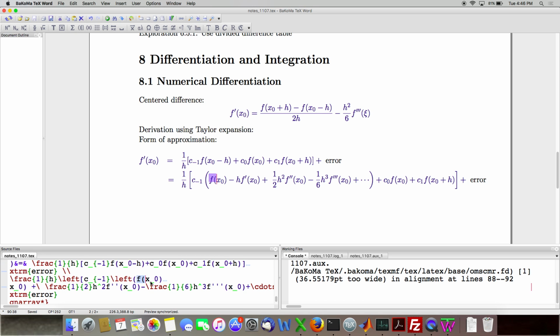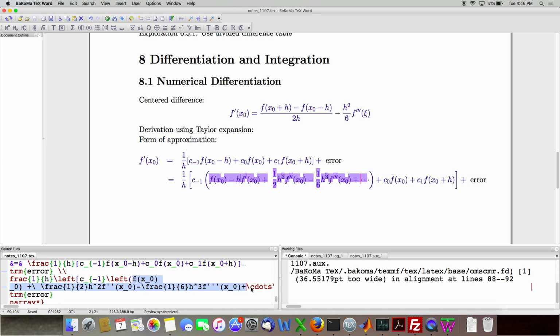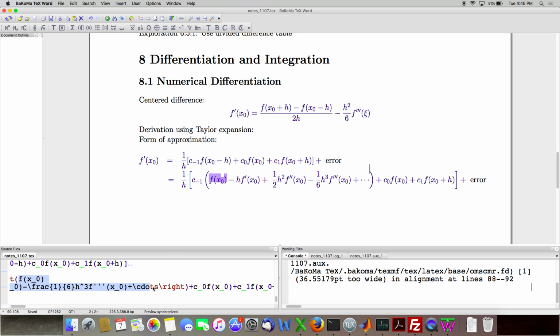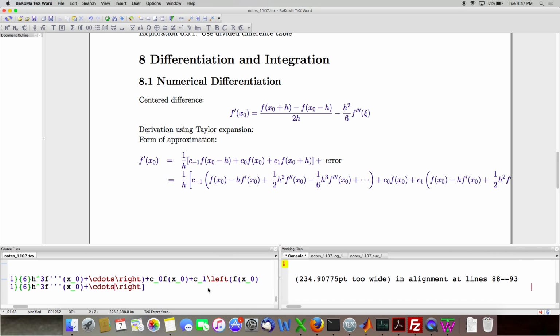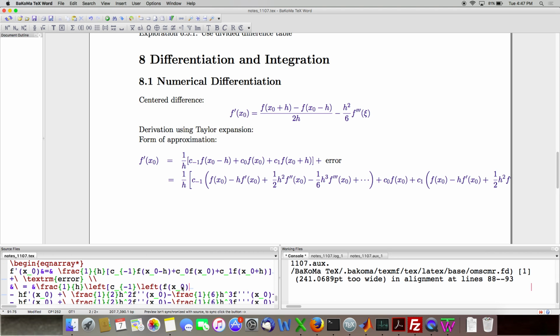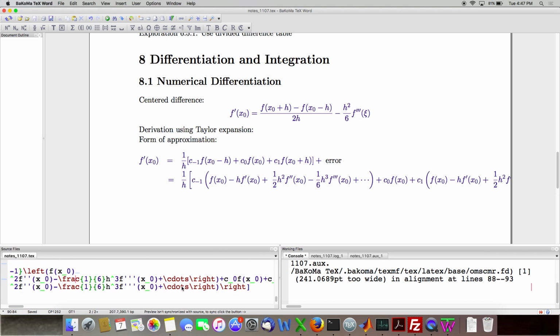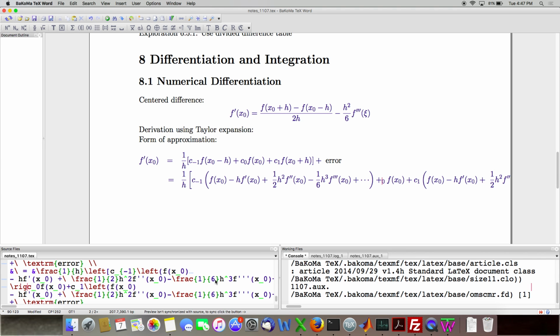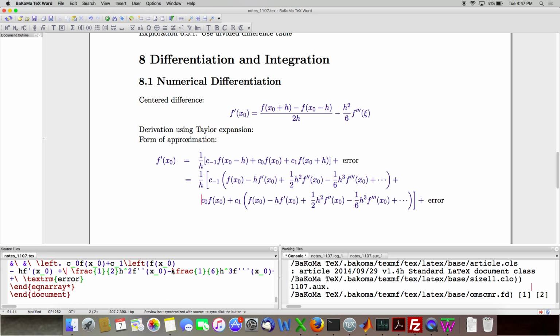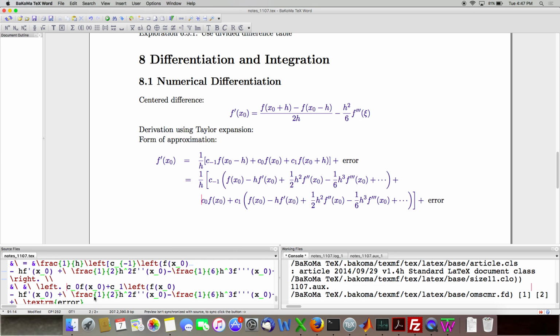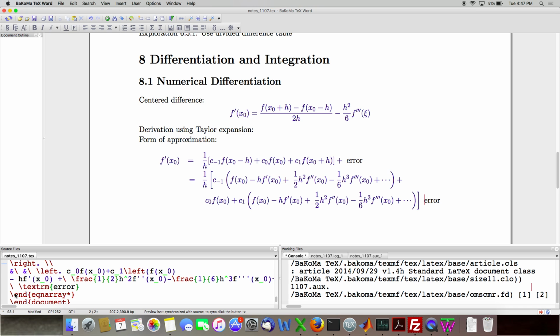Now I want to do the same thing for f of x naught plus h. So I'm going to just copy this one, and I have to change the signs. So in my expansion of f of x naught plus h, I need to change my minuses to pluses.